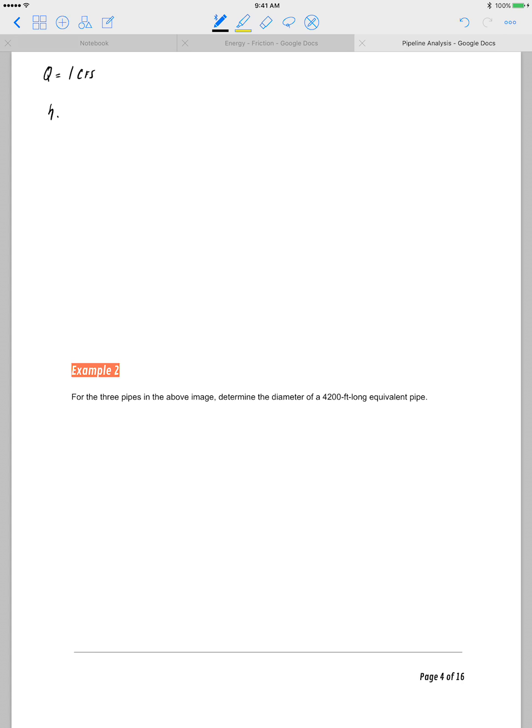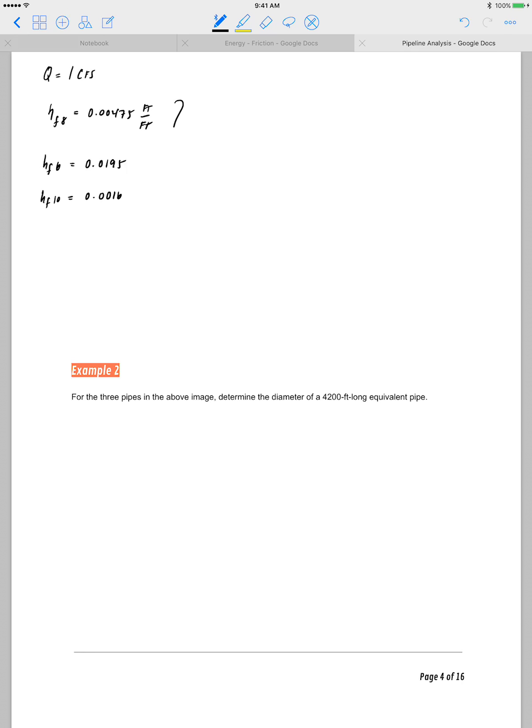So the H sub F 8-inch is going to be equal to this number here from that diagram, foot per foot. The H sub F 6-inch at that flow rate is equal to this here, and the H sub F 10-inch is equal to this here.